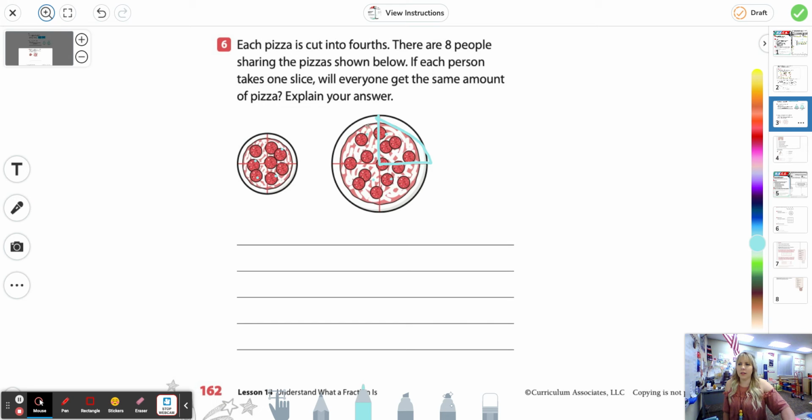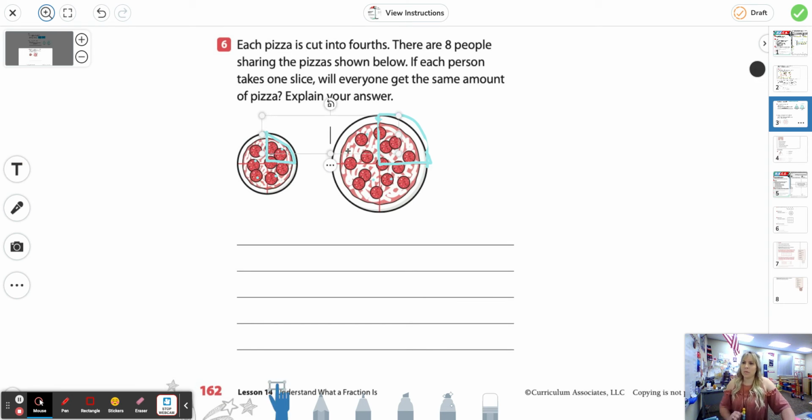Here's 1/4 here. And 1/4 here. If I got this piece of pizza, would it be the same size as if my friend got this piece of pizza? Nope. This piece is bigger because this pizza is bigger.